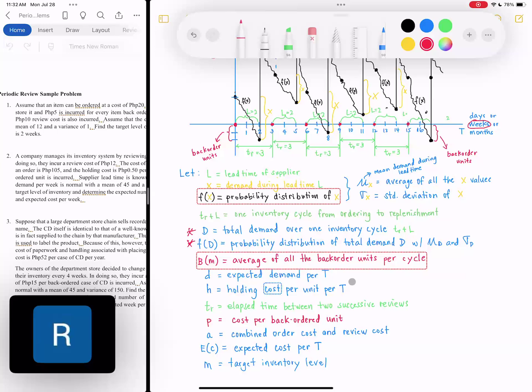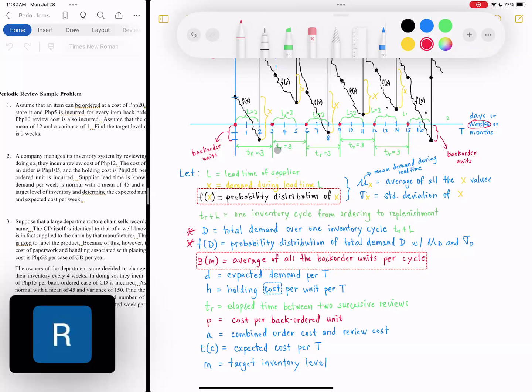If the problem does not give it in terms of capital T, then you just do the conversion before you apply it to the formulas under the periodic review model. So in this problem, the TR is every 3 weeks.